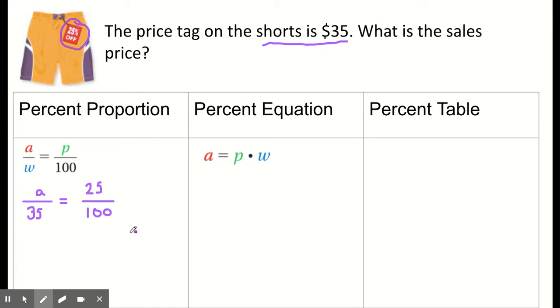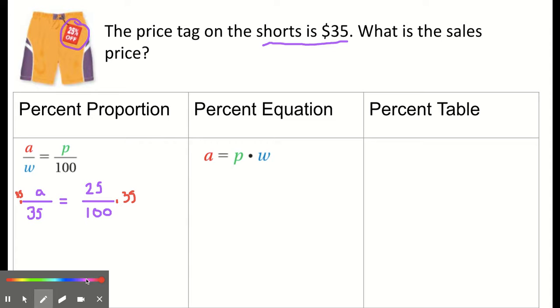All right, let's go ahead and try to figure this one out. What I would have to do to get the A by itself would be to multiply both sides by 35. So it's times 35 over here. And then I have to do the same thing on this side.